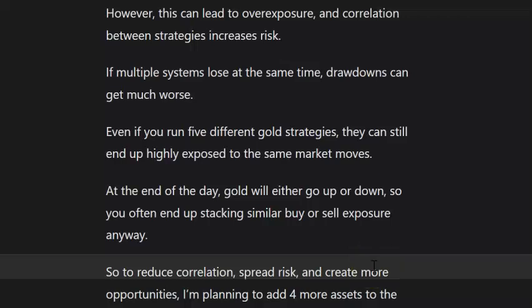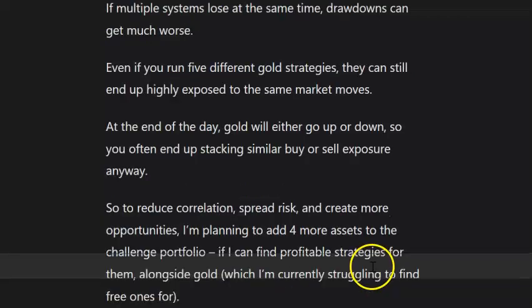Like I said, gold will either go up or down, and you often end up stacking similar buy or sell trades at any one time. So to reduce the correlation and risk, and create more opportunity as well, I'm planning to add 4 more assets to the challenge portfolio.